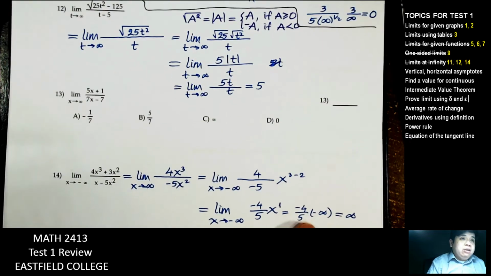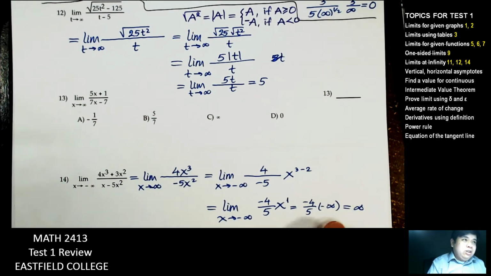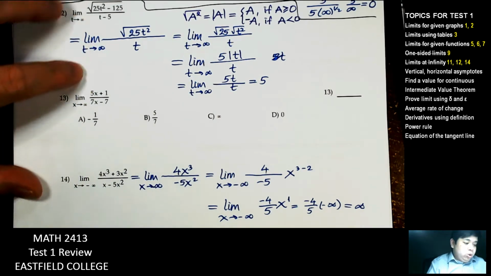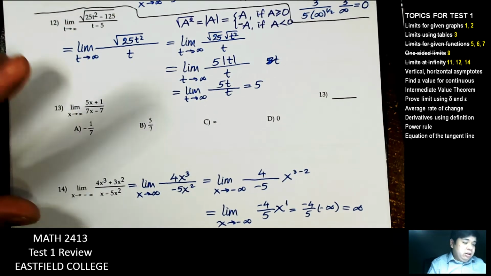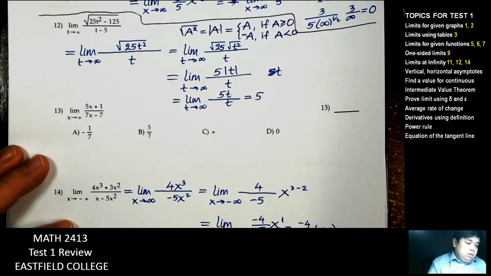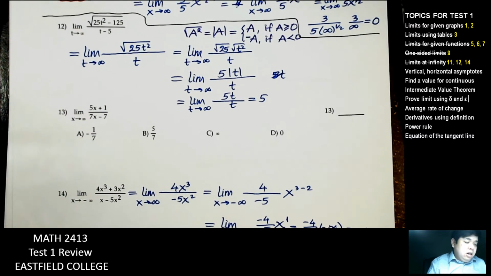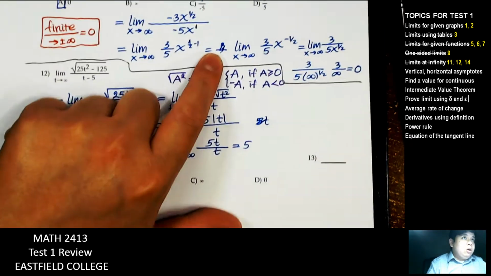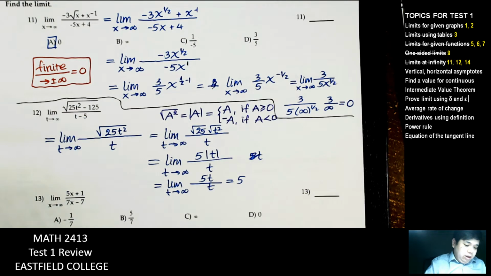Essentially we might have infinity when x goes to infinity, y goes to infinity as well. But when x goes to infinity or negative infinity, that is the limit at infinity. And here are a few important things.